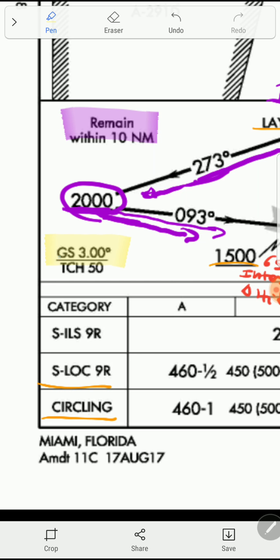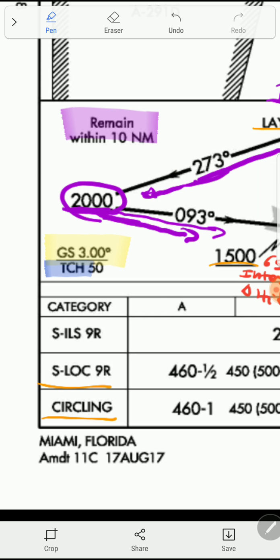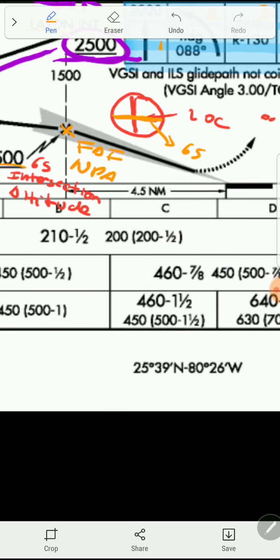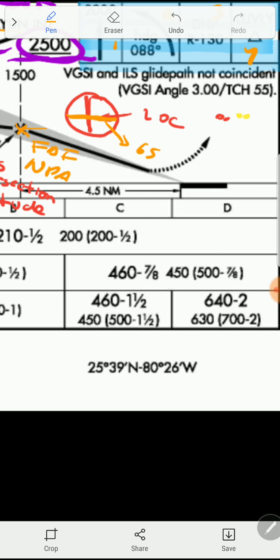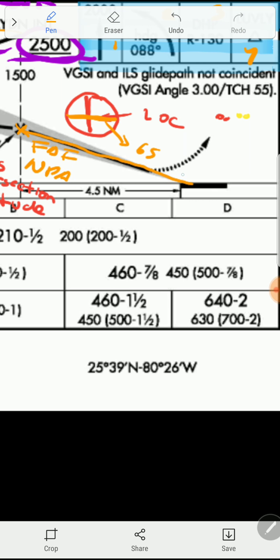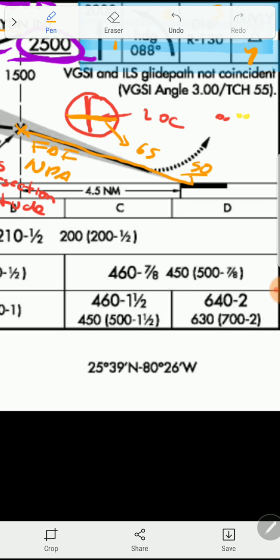Okay? And this TCH that we can find on the bottom is the threshold crossing height. What does this threshold crossing height mean? It means that if you continue to follow the glide slope all the way to the runway, from the runway to your airplane there is going to be 50 feet of altitude the moment you cross the threshold.